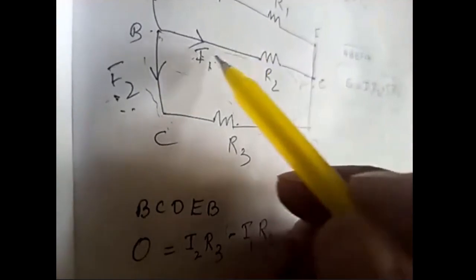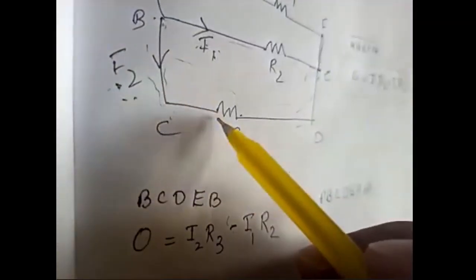It is E. E will be equal to, there is no need of considering this I1 current, because it is not in our loop. Our loop is this larger one, and this branch is not included. So I2 current is coming and it is going here, so I2 into R3. It is along with our direction only, in the anti-clockwise direction.